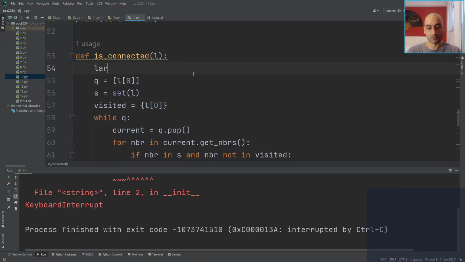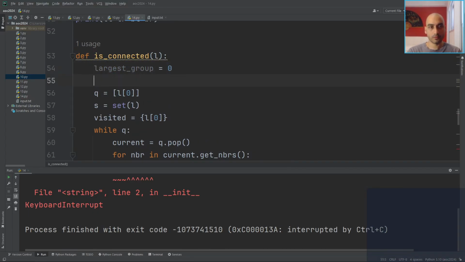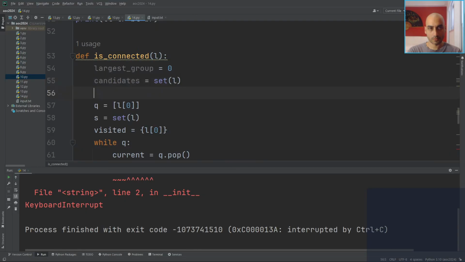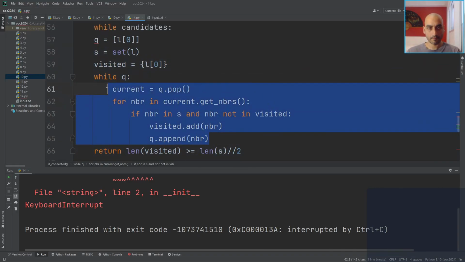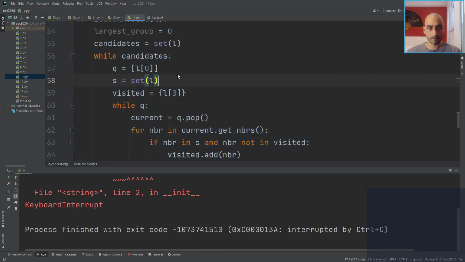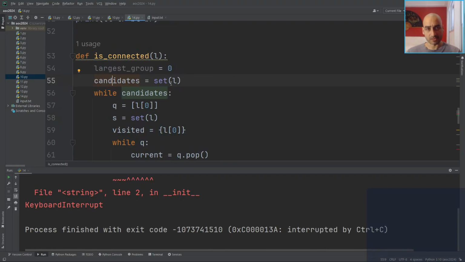Okay, we have to repeatedly find the largest group, equals 0. Candidates equals... okay, so what we actually do is we just keep exhausting this set.